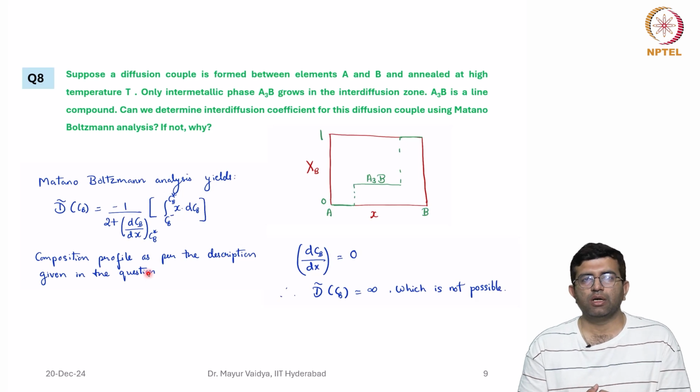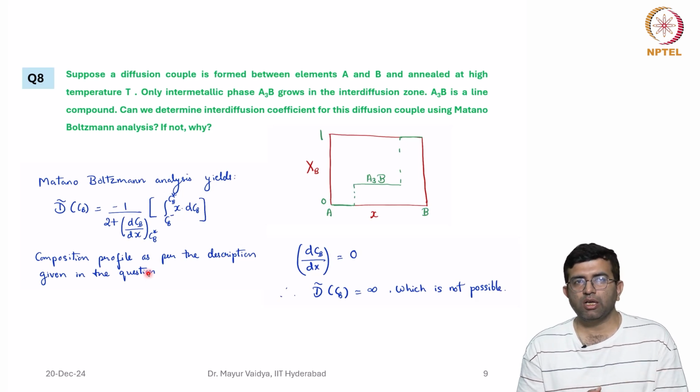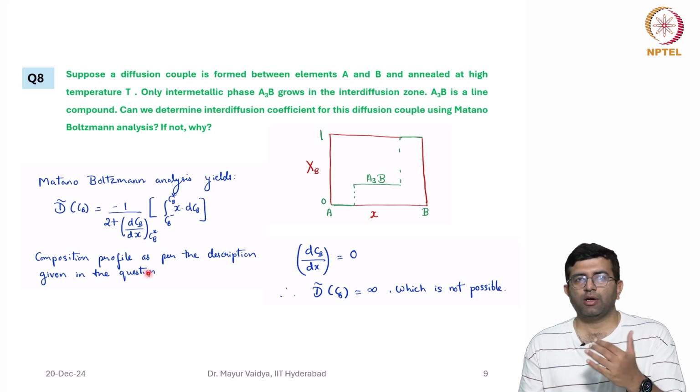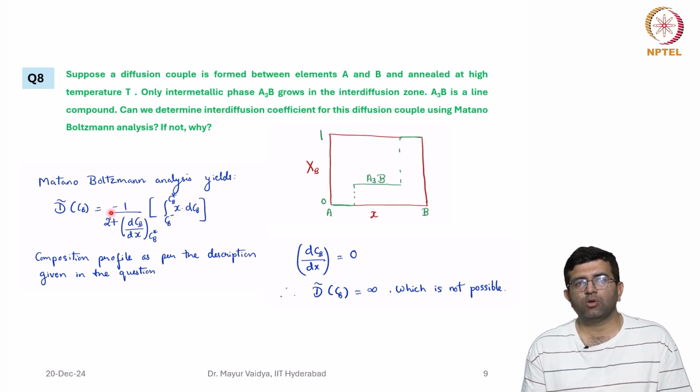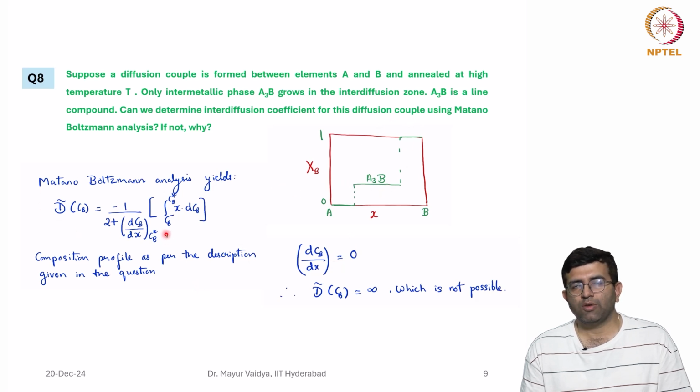It is explained in even greater detail what these integrated diffusivities mean and how they are calculated. But as far as this question is concerned, if you try to calculate this dCB by dx for such a profile, it will be 0, and therefore this entire thing will go to infinity.